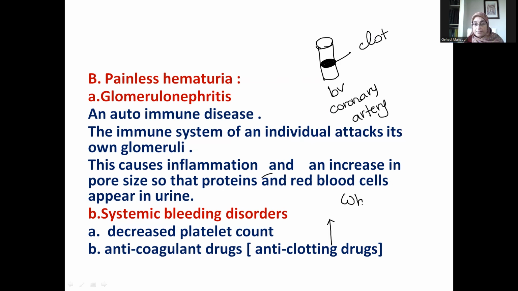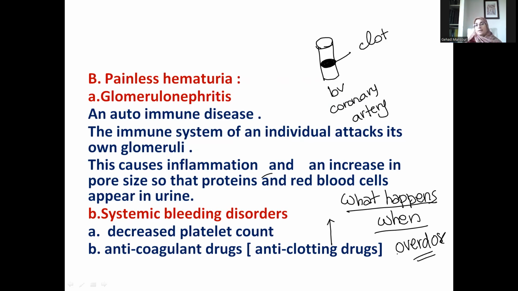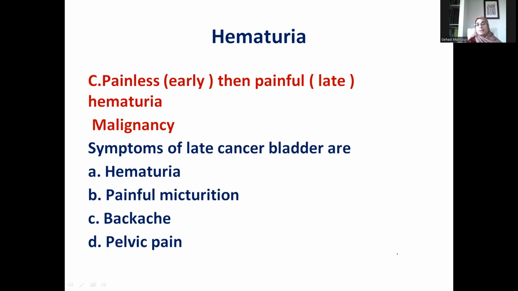So here I might ask another question, which is what happens when the doctor prescribes an overdose of an anti-clotting drug, or what happens when the patient takes an overdose of an anti-clotting drug. In both cases, of course, there will be excessive bleeding.